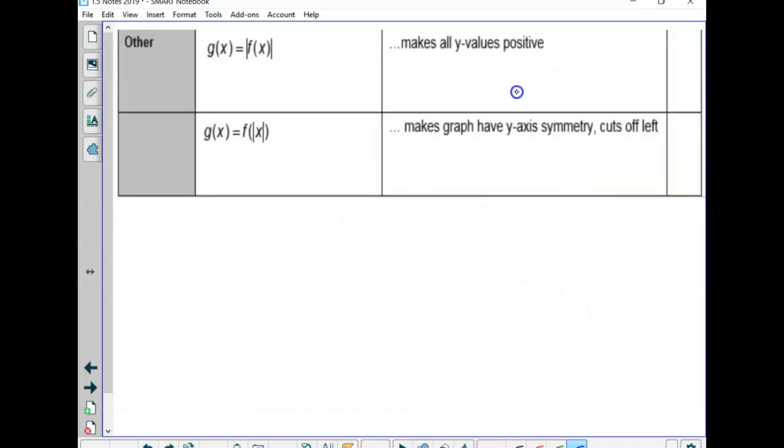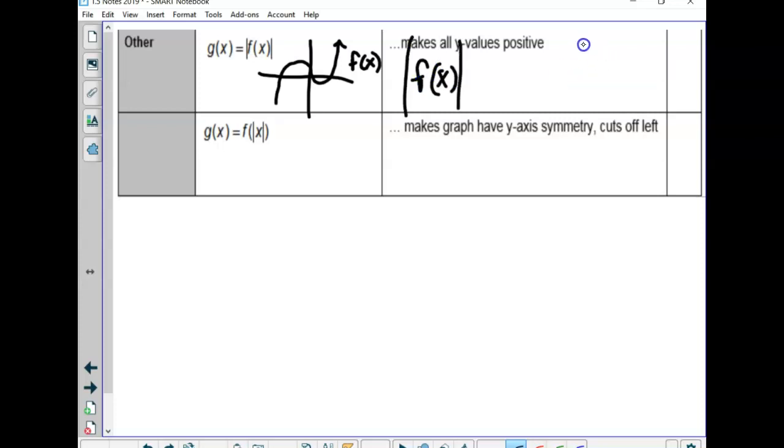All right, so on your notes, if you had a graph that was doing this, and this was f of x, and you made it the absolute value of f of x, the new graph would look like this. Okay, all the y values are positive. It's changing y values.